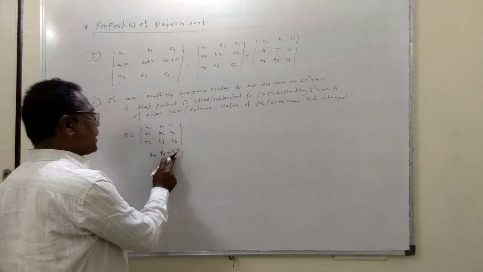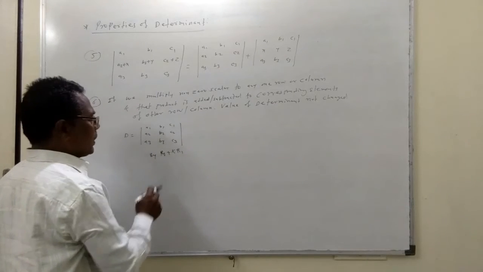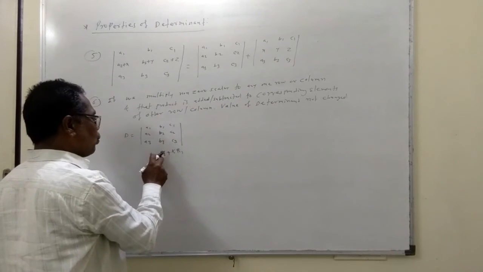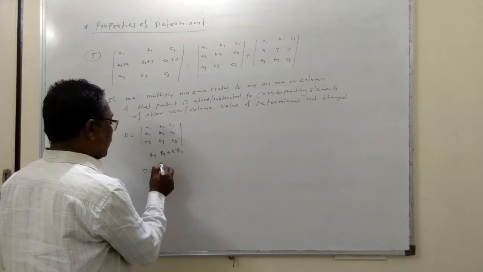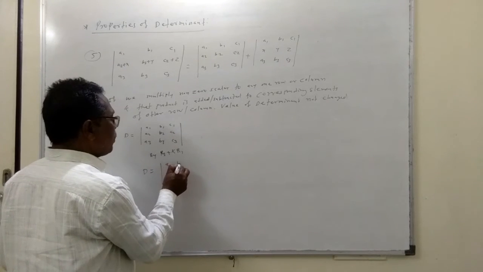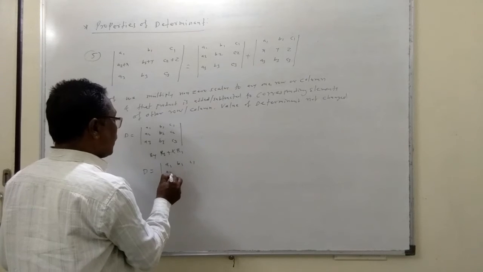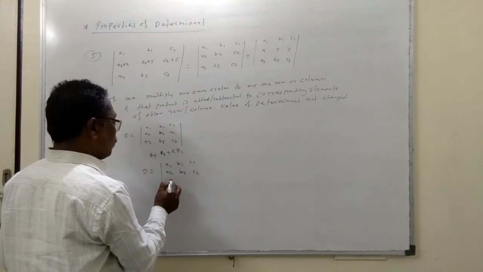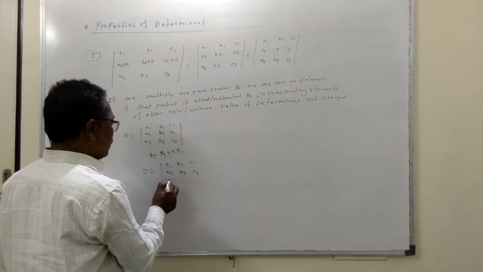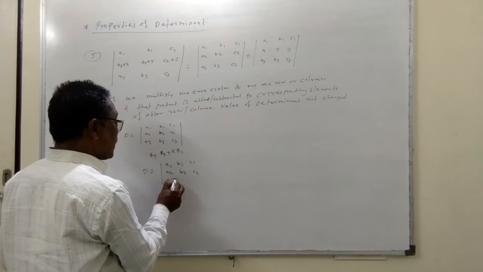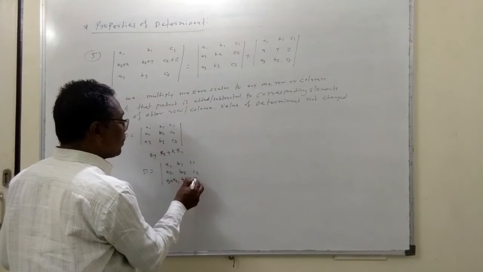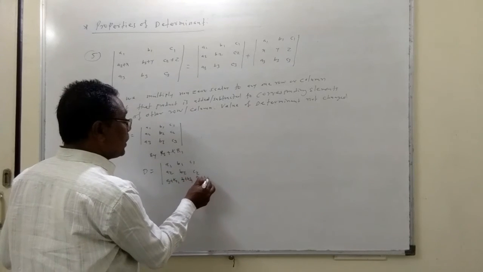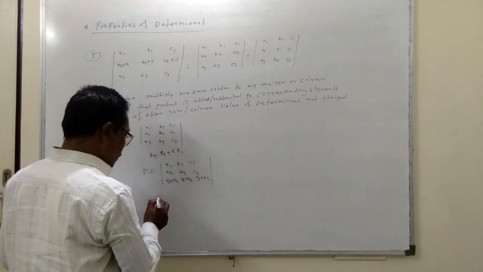So you multiply K to the first row elements and that product will add to the corresponding elements of the third row. So D is equal to, we get A1, B1, C1, A2, B2, C2. Now here A3 plus KA1, B3 plus KB1, C3 plus KC1.